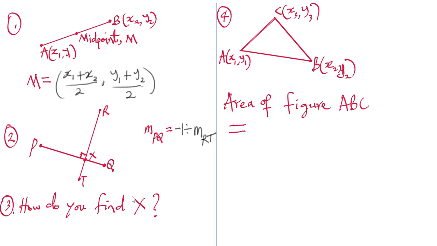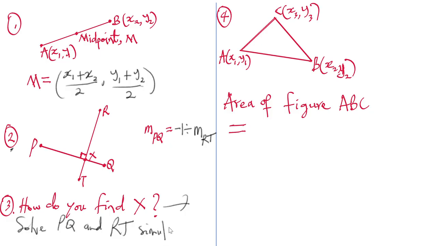The third one, how do you find S? We see in the diagram in key points 2 that S is the point of intersection of the two lines PQ and RT. So to solve for the coordinates of S, we solve the equations of PQ and RT simultaneously.